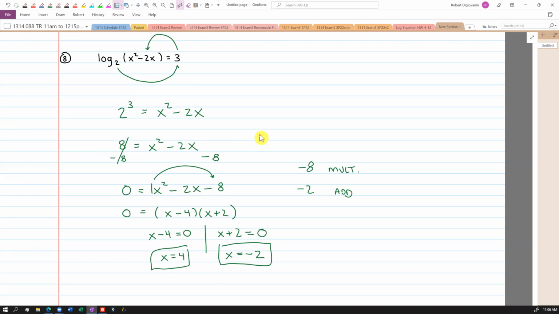Every problem I've given you up to this point, the answers are actually going to work. Or, no, they both work, but we're supposed to check our answers. So I just want to say that to be on the record. Anytime you solve a log equation, you should check your solutions. But that's it for 8. Any other questions? Yes. 3.